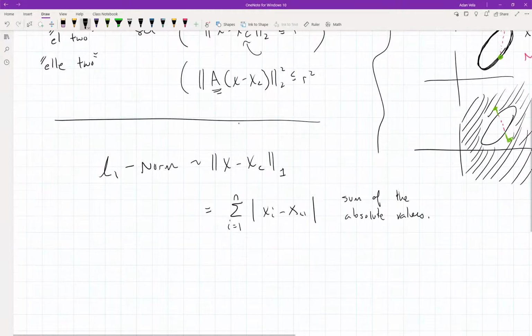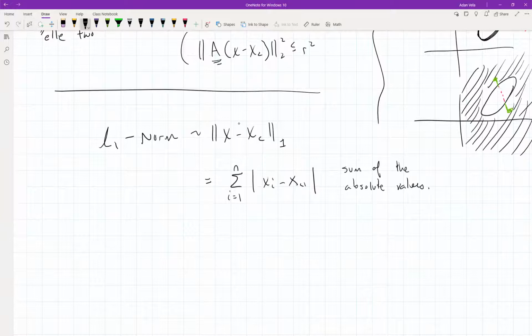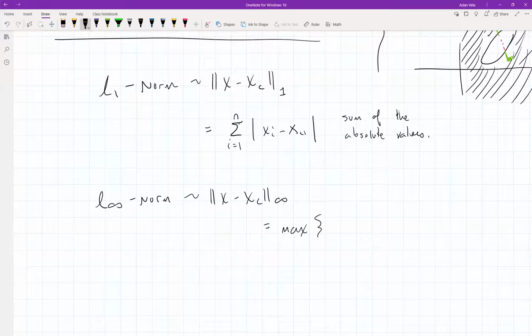The other norm that gets used a lot in optimization is called the infinity norm, or the L infinity norm. So we write this the same way, x minus xc to infinity. And this one's a little bit weird. It doesn't come directly from that P norm equation, but it's defined as the maximum of all your values in your vector.